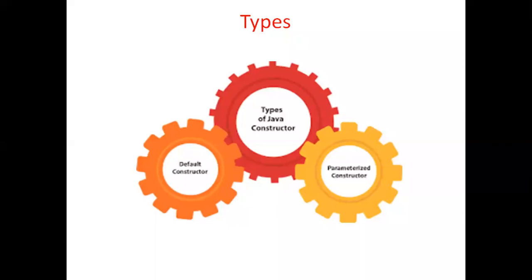The name of the first type is called the default constructor, and the name of the second type is called the parameterized constructor. So let us see what a default constructor is and how it can be used in the program, and what a parameterized constructor is, and what we can do with these parameterized constructors in the program, right?